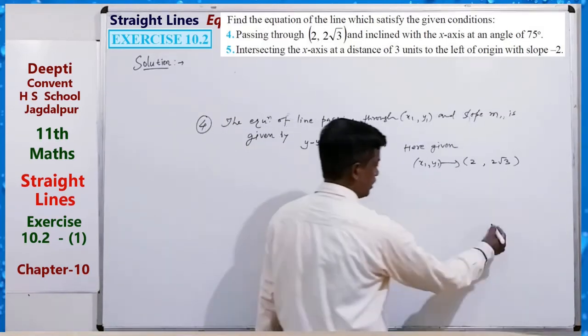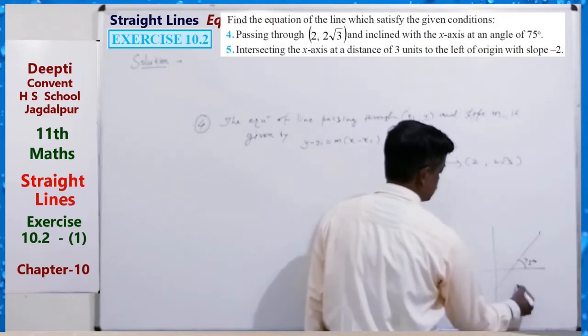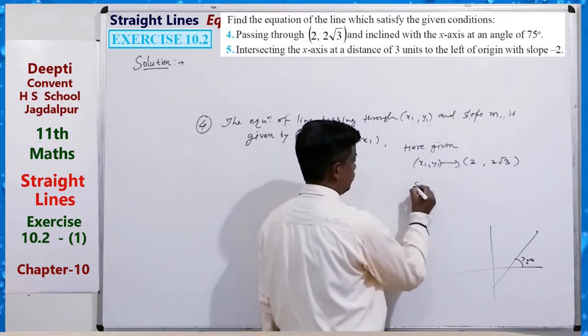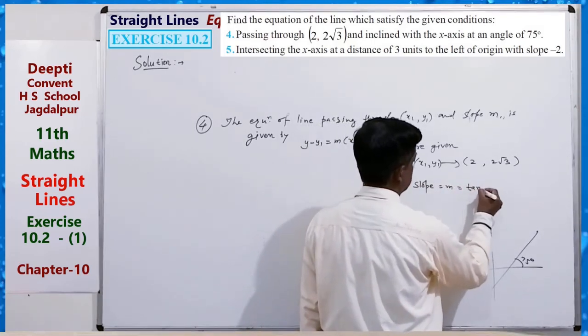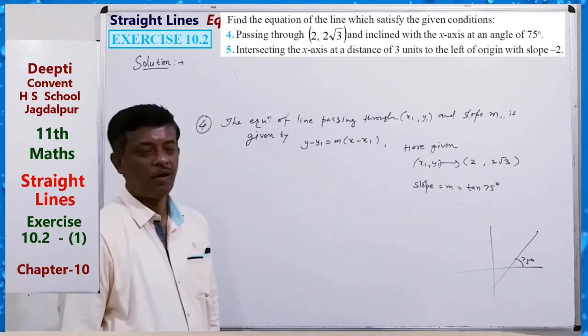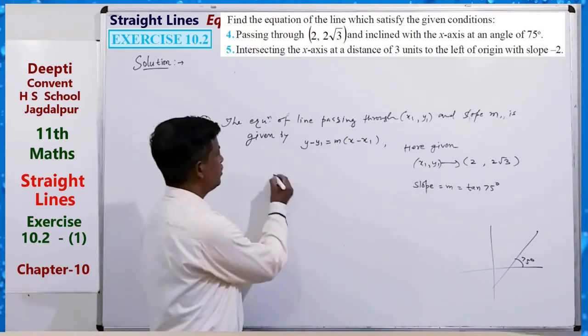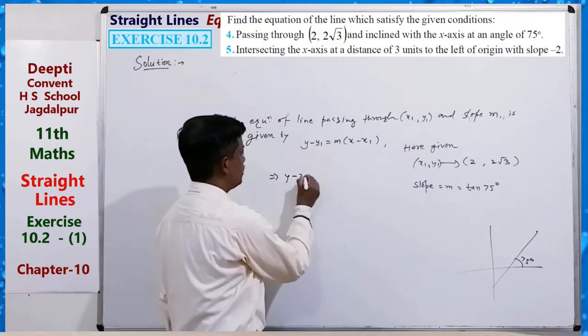That means the line is inclined at 75 degrees, so the slope is m equals tan of 75 degrees. Clear? So here we use y minus y1, which means 2 root 3.